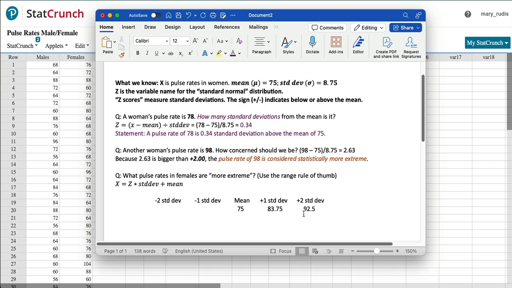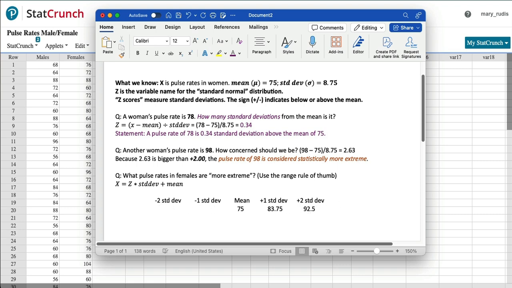That's the cutoff of what's considered to be extreme. So anything like 93. Usually when you count beats per minute, we don't get decimal values. It's always a whole number. So a 93 would be statistically more extreme, or above 94, 95. Anything above 92.5 is considered to be statistically more extreme.